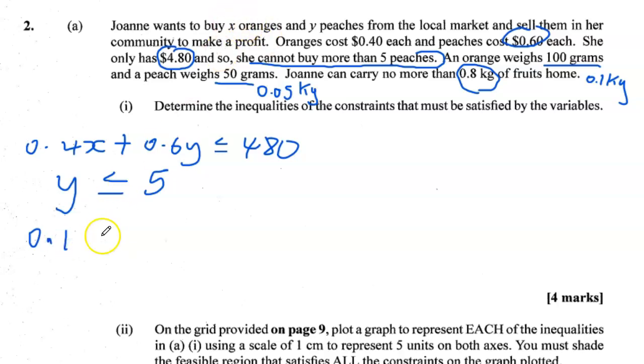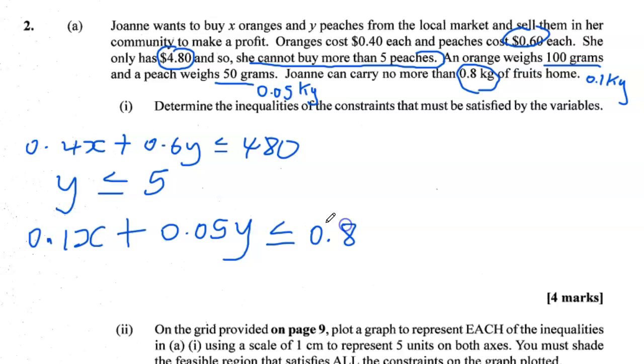So 0.1 times the number of oranges plus 0.05 times the number of peaches, and that should be less than or equal to 0.8. So we have our 3 inequalities. Now part 2.